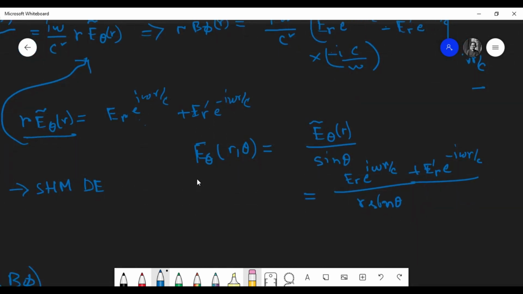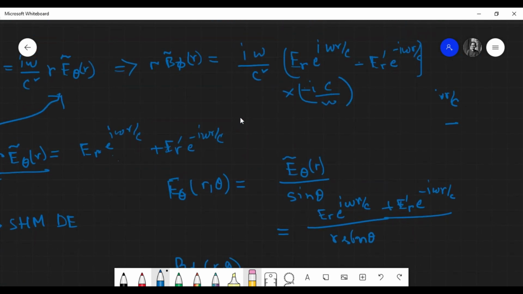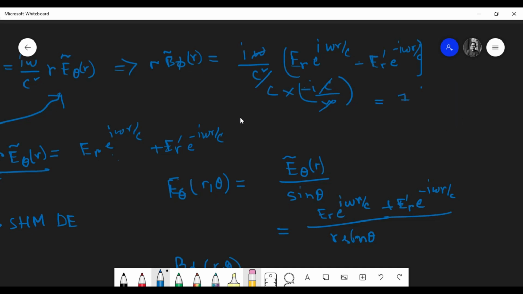Now for the B phi, we'll get a similar type of situation here. As you can see, I will cancel the omega and c will cancel out, and I times minus I equals 1. So 1 over c, E_R e to the power I omega r over c minus E_I e to the power minus I omega r divided by c.